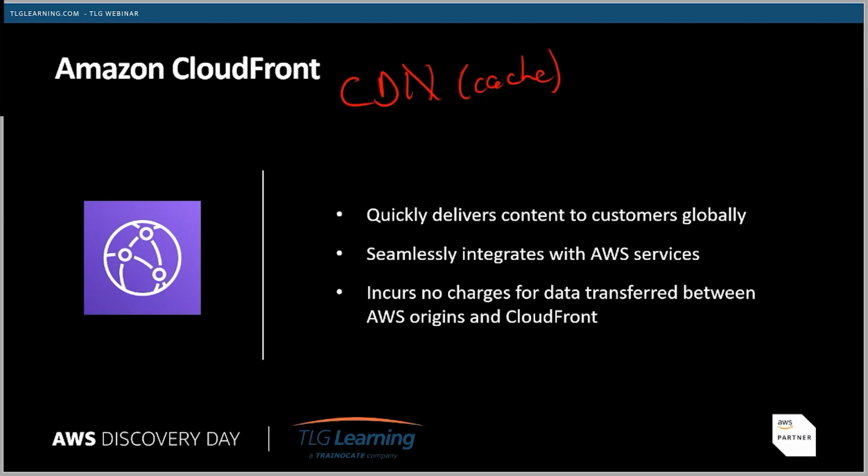Primary purpose there is to host or cache, store content in various places around the world so that it's closer to your customers. The customers get a better experience, lower latency, by having your content cached in a location that's closer to them.